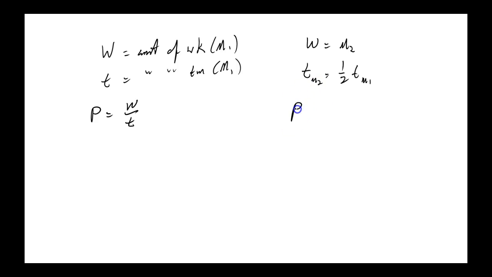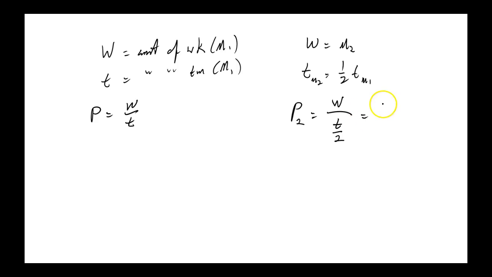So the power for machine 2 would be same work divided by T over 2. Well, how did we say we divided fractions?